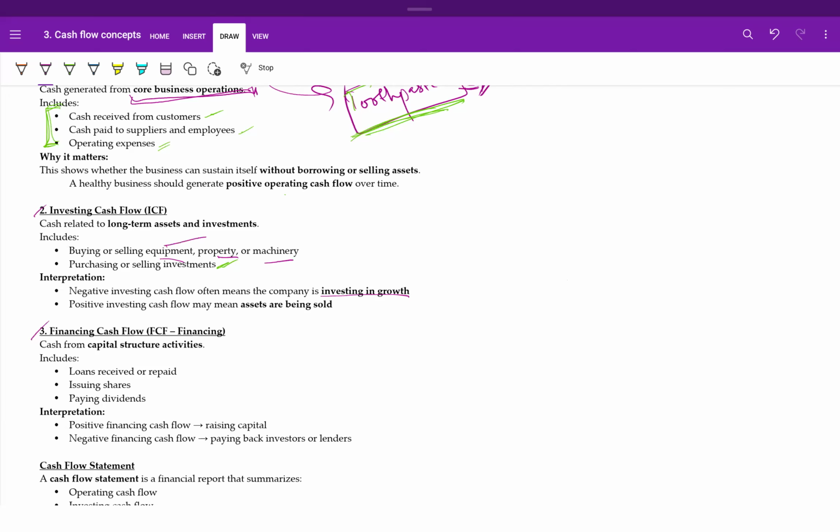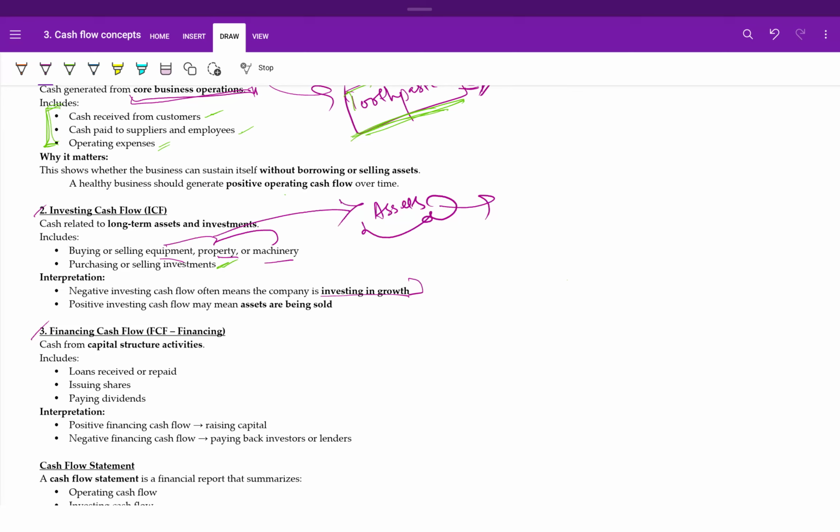If you look here, equipment, property, and machinery are assets which later on help you expand your business. These will be beneficial for you in the future when you are in the expansion phase, and that's why negative investing activities represent that the business is in a growth phase.